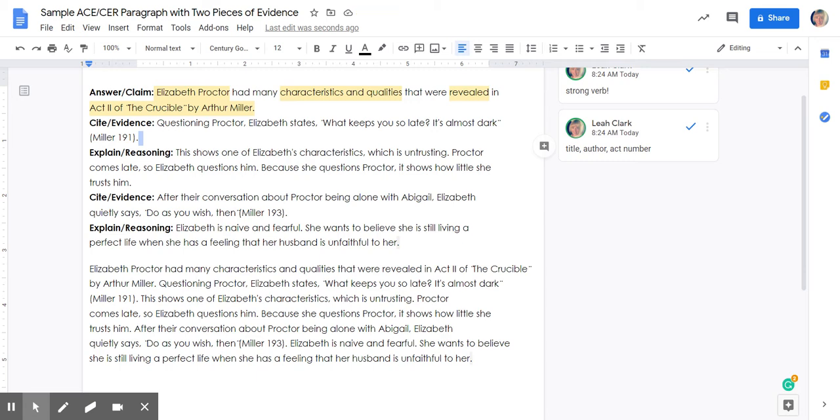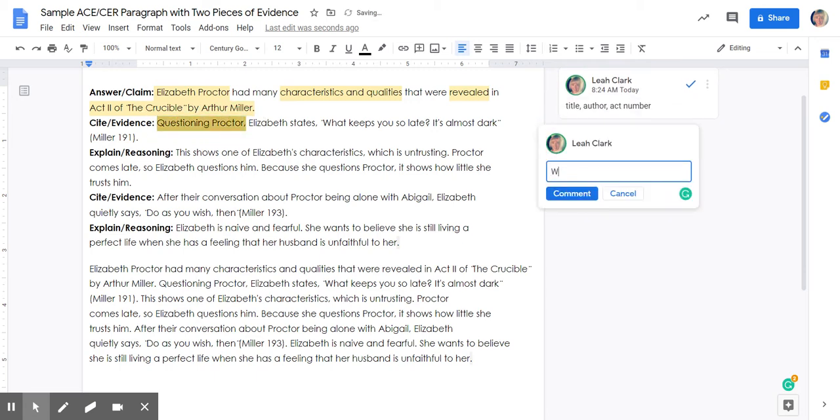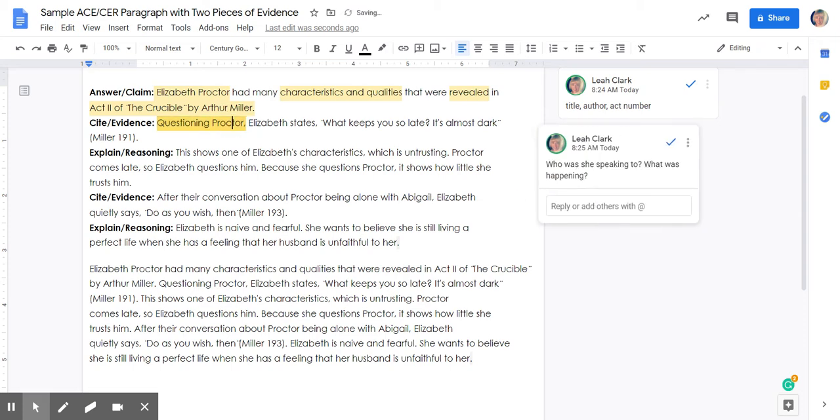Okay, so then the next thing that this person does that's really nice is they have great quote embedding, okay? Questioning Proctor, Elizabeth states. So what we get right here is, who was she speaking to? What was happening? Who's she talking to? Proctor. What is going on? She's questioning him.